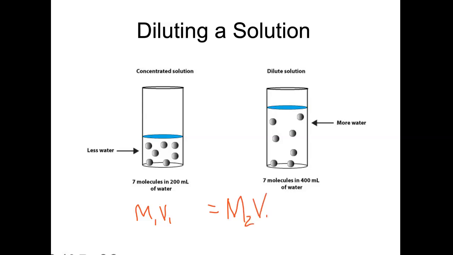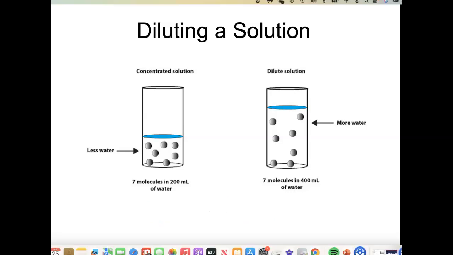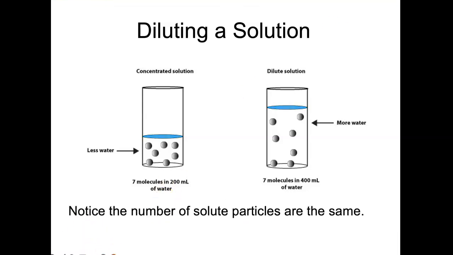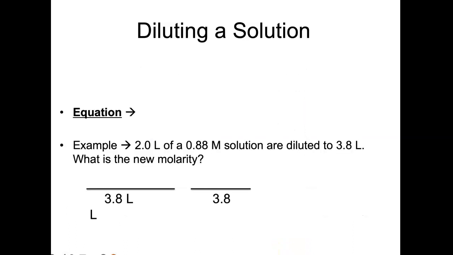Oh, sorry, that should be a 2. Those are really the questions in the homework and the review quiz. All right, so let's take a look. Notice your number of solute particles are the same, and how do we measure those? In moles, of course.